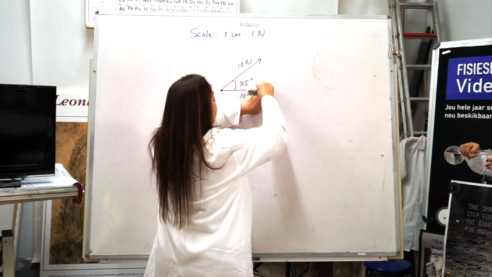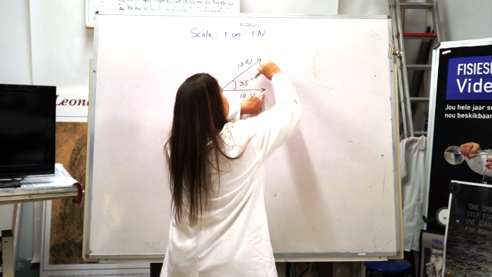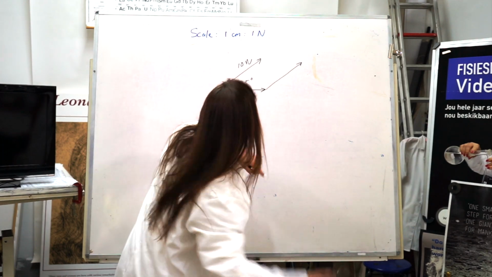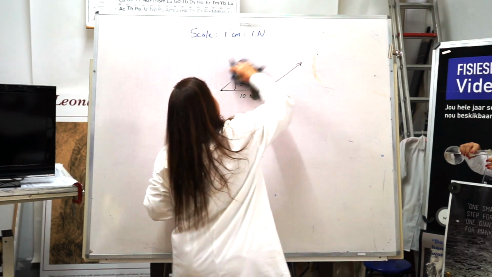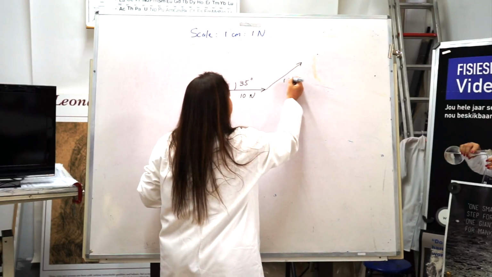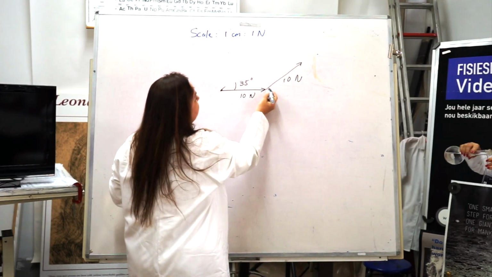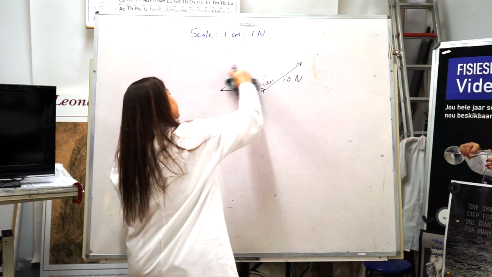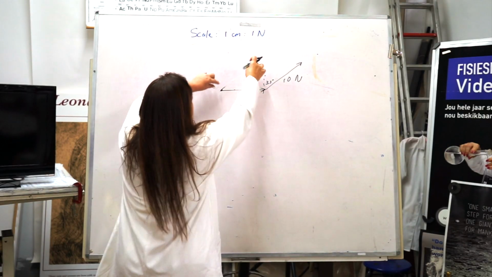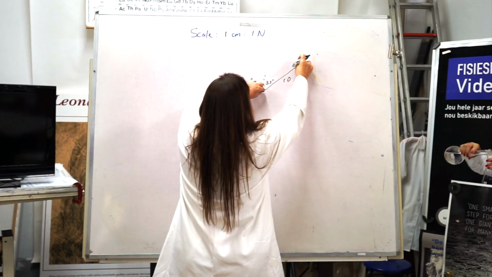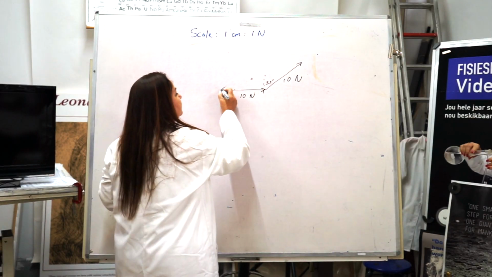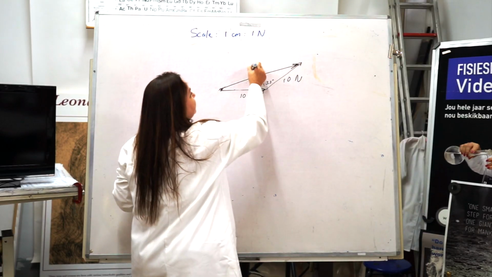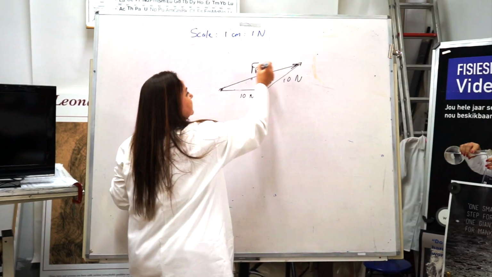So I'm going to have that one, I'm going to put that one, move it to the, okay, so I've shifted it, and this one now works here with an angle of 35 degrees. So I just lifted it from there and I moved it to there. So what will be my resultant force beginning straight towards the end, and that would be my F resultant.